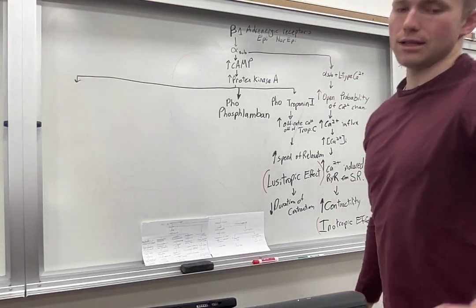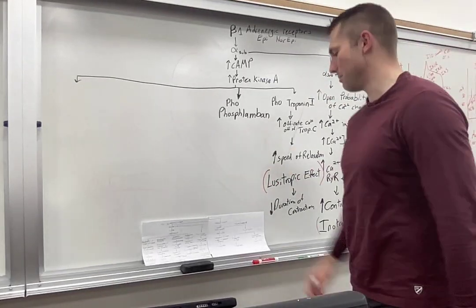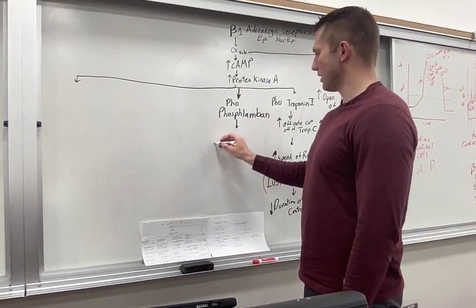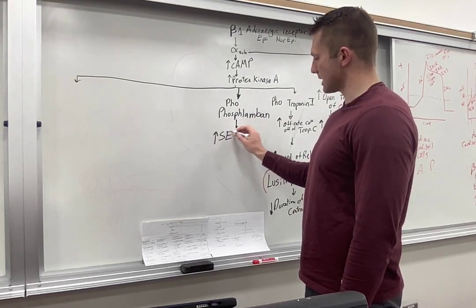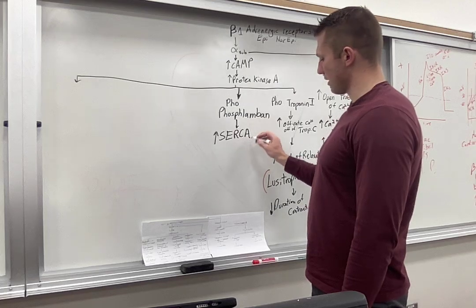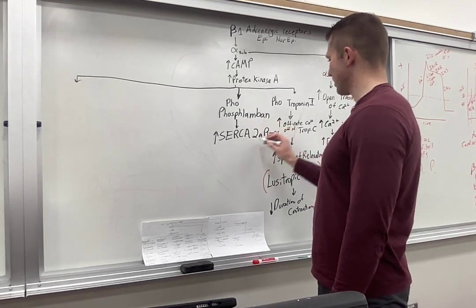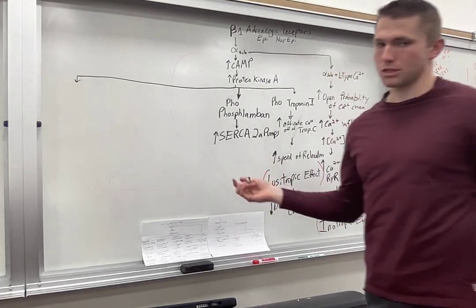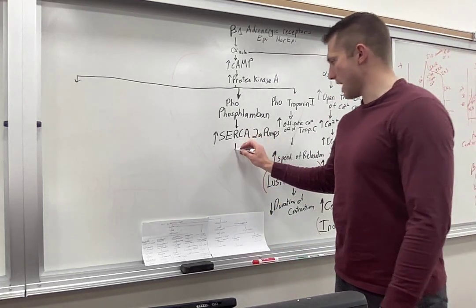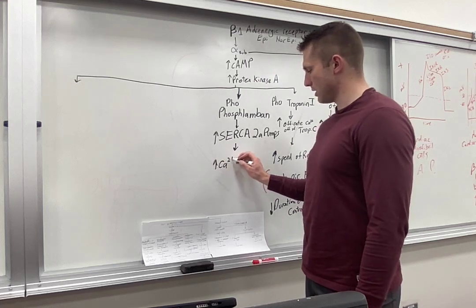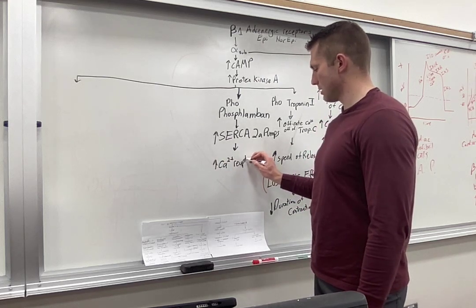I don't know what that is, but phospholamban, once it's phosphorylated, it's got an extra phosphate, then it goes and increases the activity of our SERCA2A pumps. Not really sure what this 2A means, but we know what SERCA pumps do. And that causes an increase in calcium reuptake.